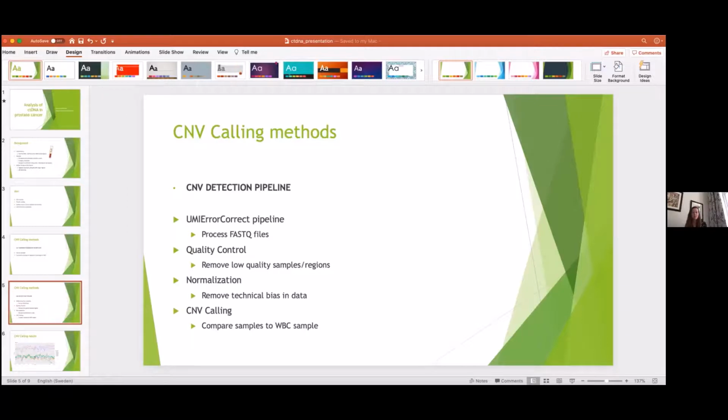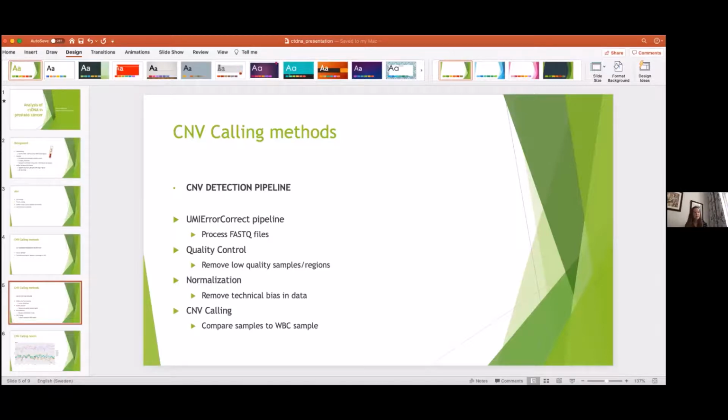And low coverage is related to poor quality. So the first step is a quality control step where I remove samples if the overall coverage is too low, and also remove regions of the sample that have low coverage.